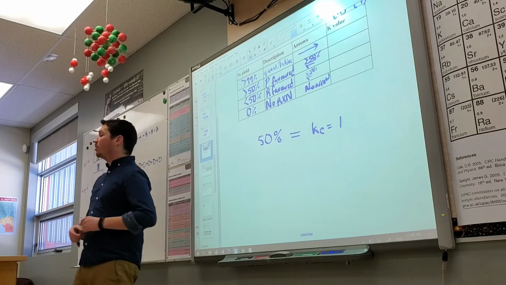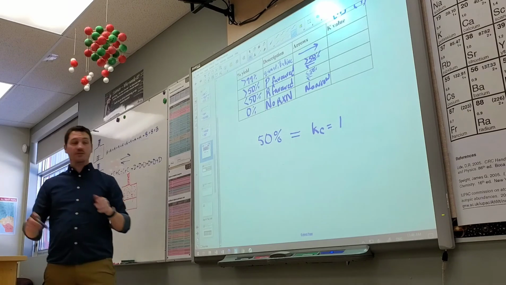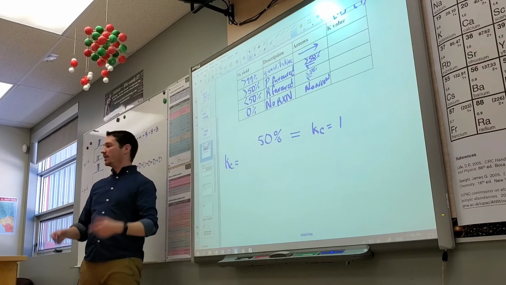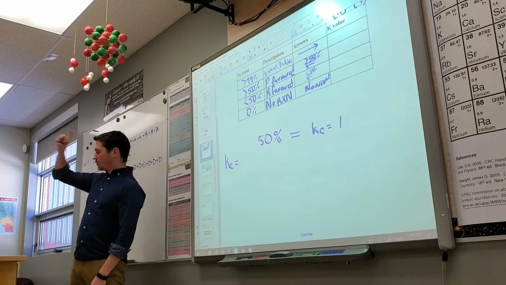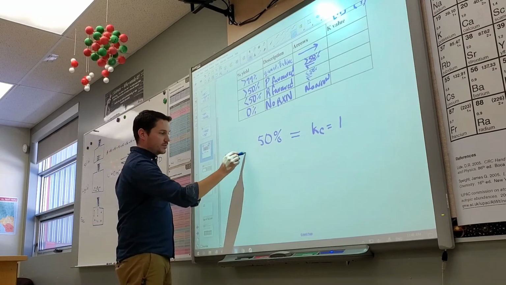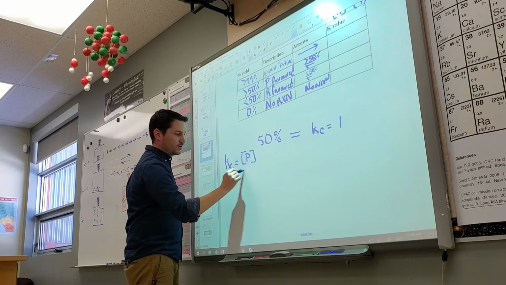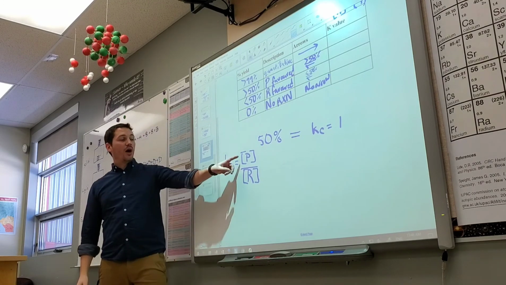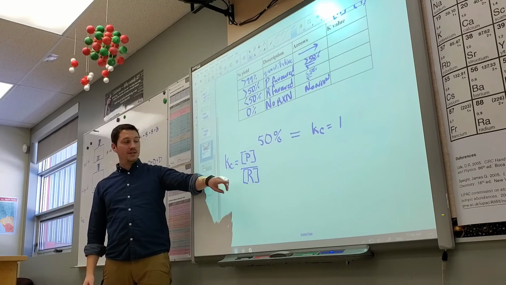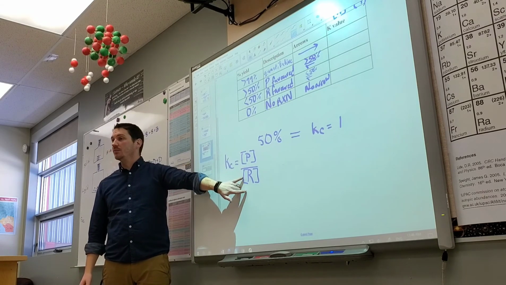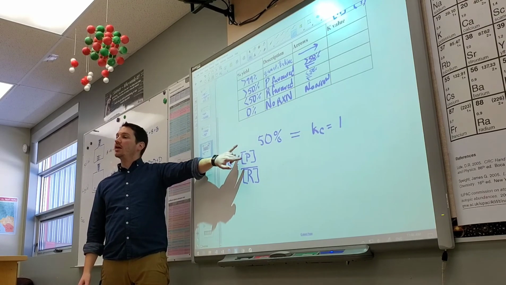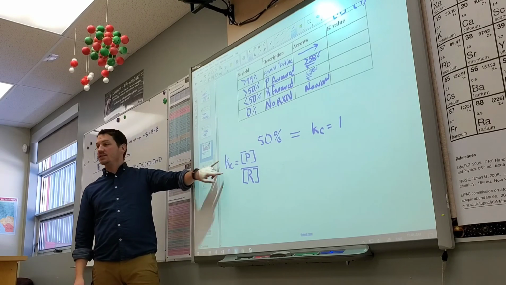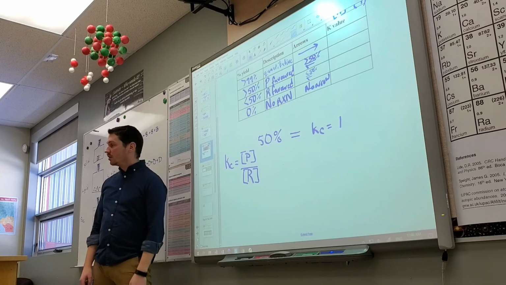Another, probably more effective way of thinking about this is, in general, what is Kc always? Products over reactants. If products are favored, that means the top is big and the bottom is small. If you've got a big number on top and a small number on the bottom, is your Kc value going to be big or small?